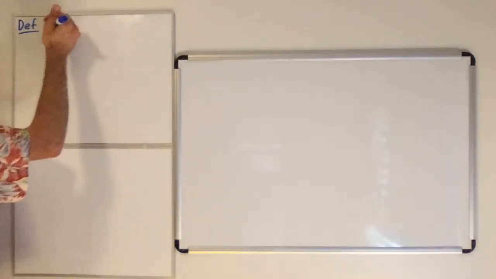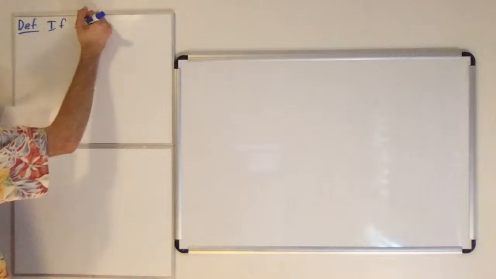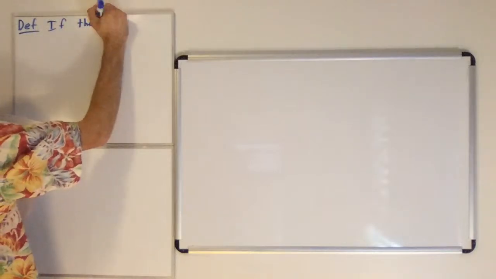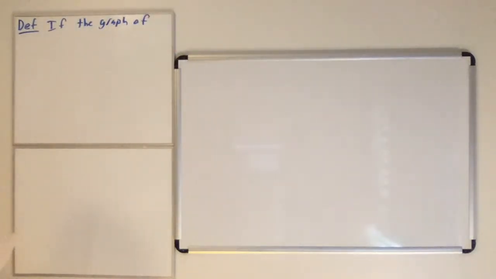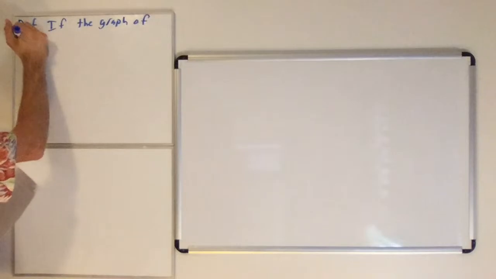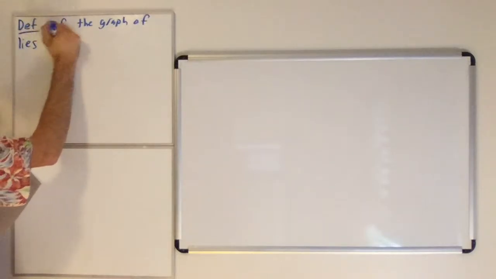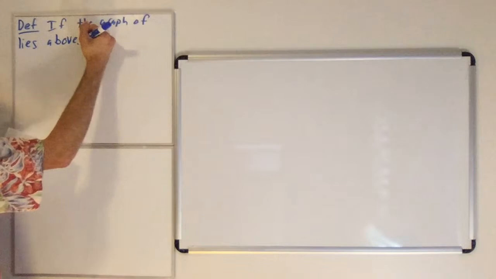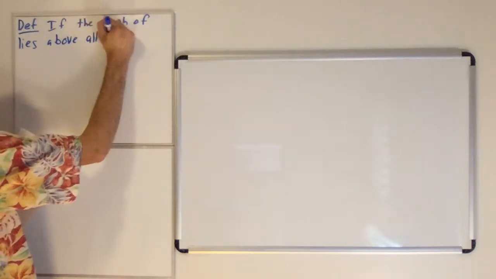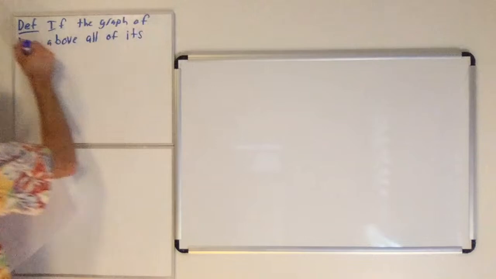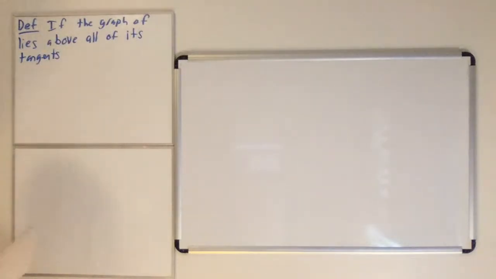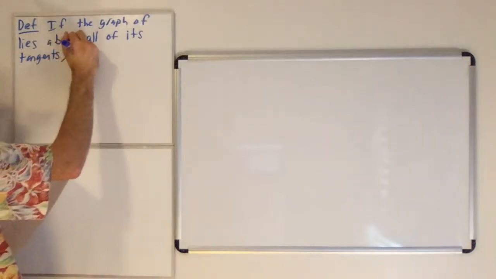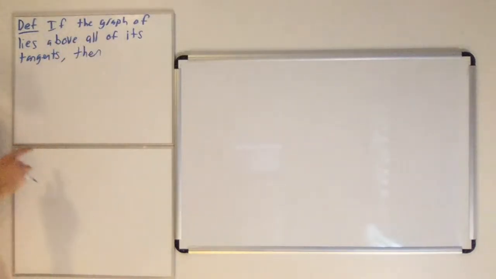Okay, so the definition: if the graph of f, so we have a function, if the graph of f lies above all of its tangents, then we say, and we'll draw a picture of this in a second, that f is concave upwards.